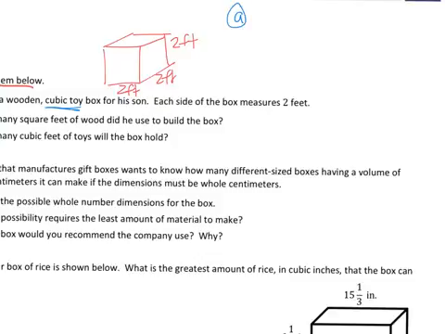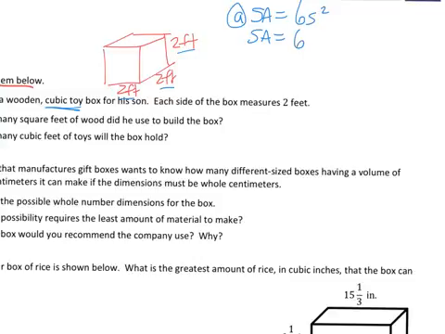Or I can do the one I will use for cubes, which is surface area equals 6 times side squared. The reason I can use that is all the sides are equal and it's a cube.